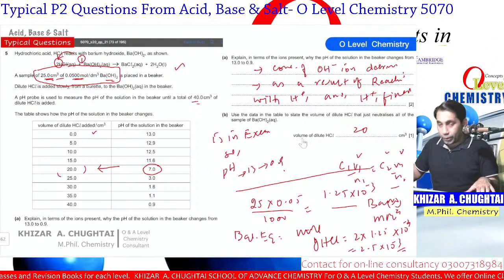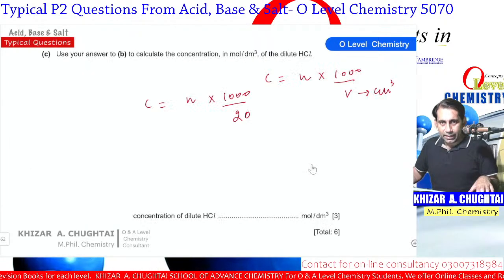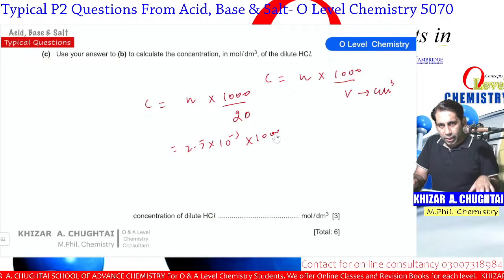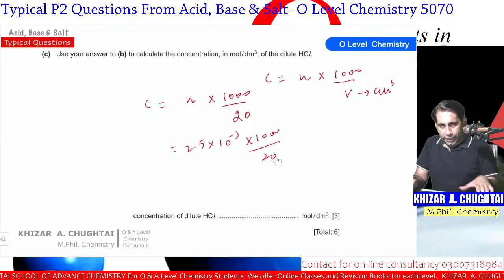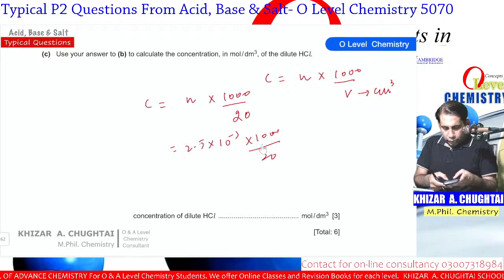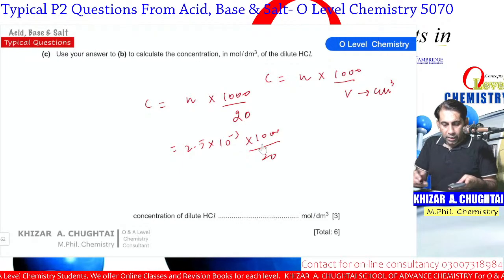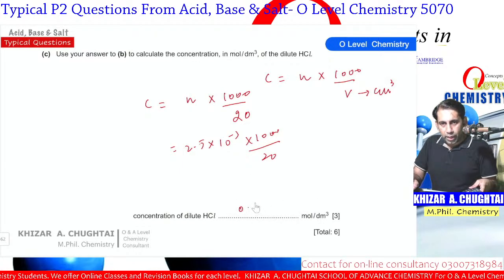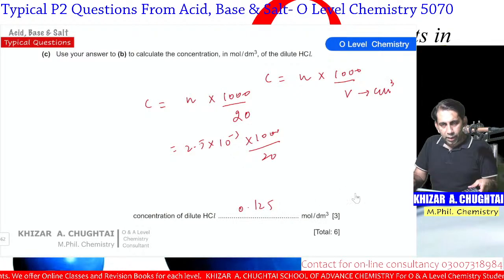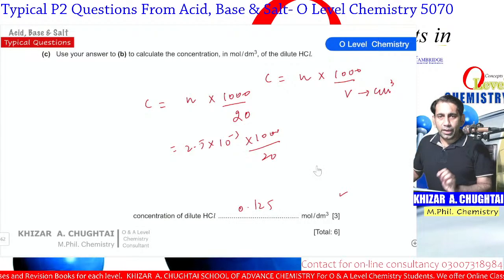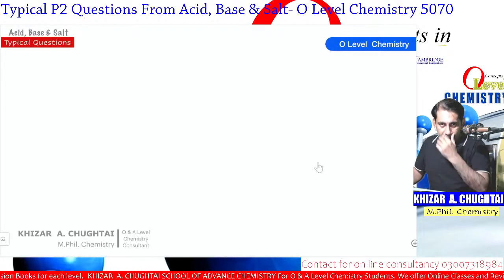So we have calculated the mole of HCl, right? So it is equal to 2.5 into 10 raised to power minus 3 multiplied by 1000 over 20. So I'm going to multiply with 1000 and divide by 20. The answer is 0.125 mole per dm cube, if I'm not wrong in my calculation.